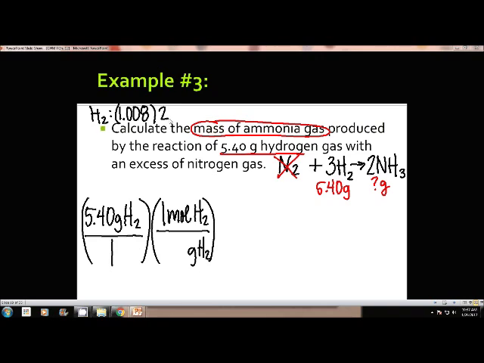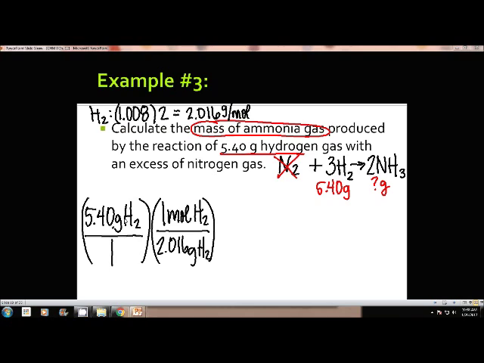Do I multiply by the 3? No, because the 3 is not included yet. So we don't worry about the 3, we just worry about the subscript, 2. So that times 2 is what? 2.016, yeah.